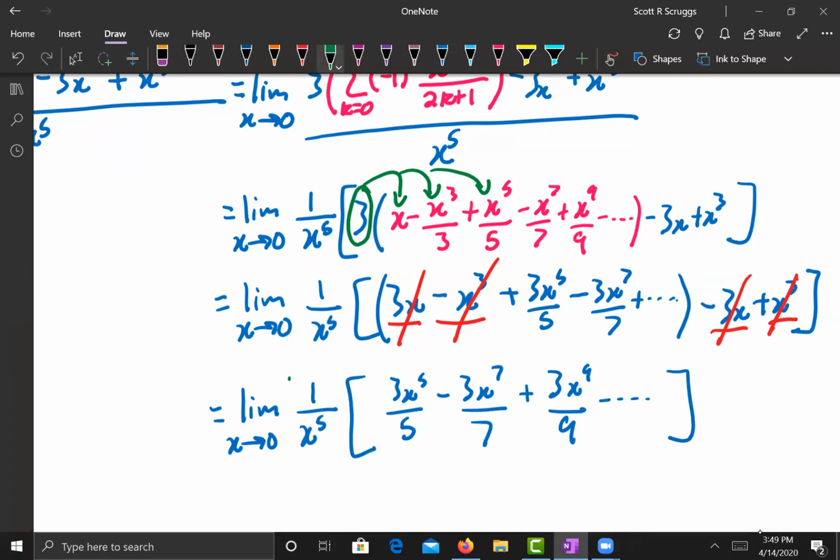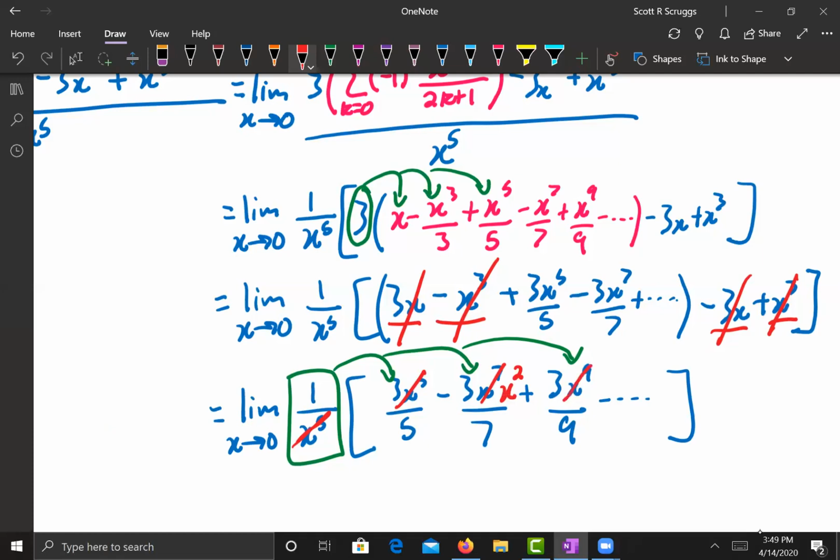Now because I have that 1 over x to the 5th, I'm going to distribute it to each of them. But because that x to the 5th will be in my denominator, everything, x raised by a power, that exponent will just get subtracted by 5. So for the first term, the x^5 is going away. For the second term, I will reduce, and I'll be just left with an x squared.